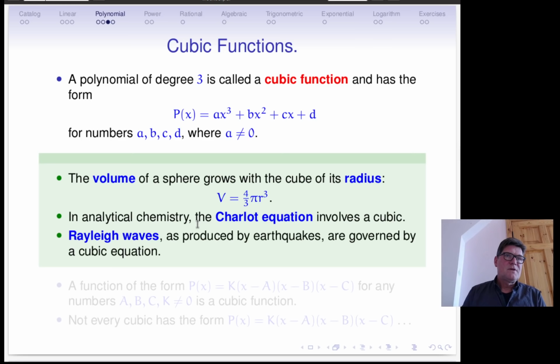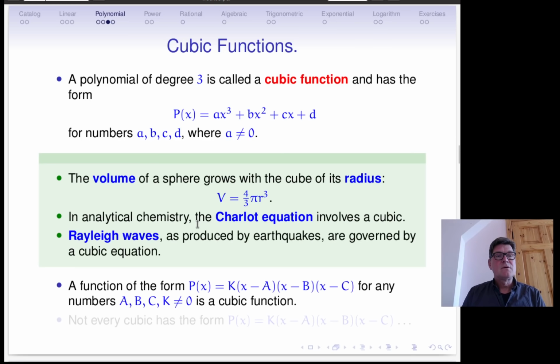Similar to what we've seen with the quadratics, cubic functions, cubic polynomials, can be represented in a factorized form. Well, some of them. Here the form is k times x minus capital A, x minus capital B, x minus capital C for numbers a, b, c, and k is not 0.